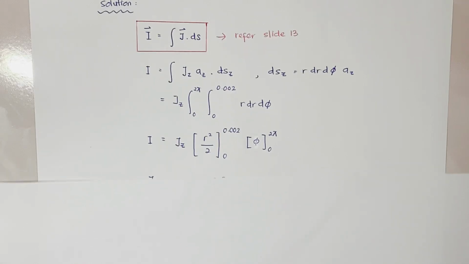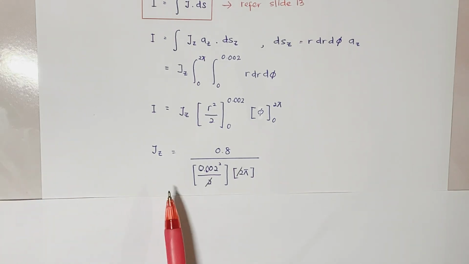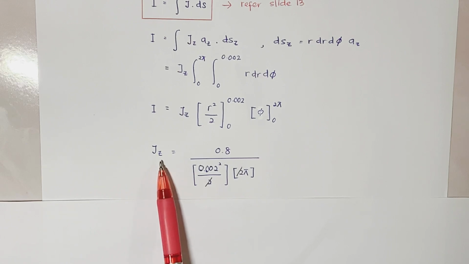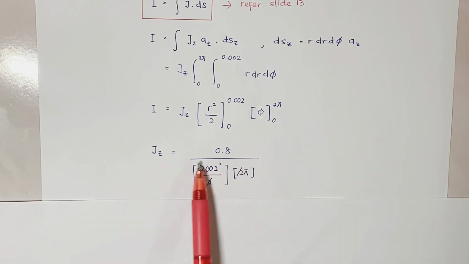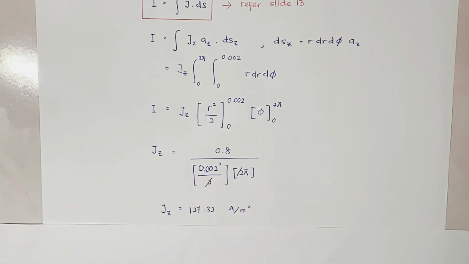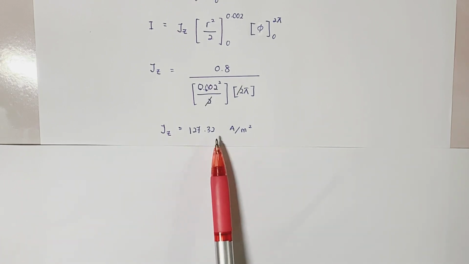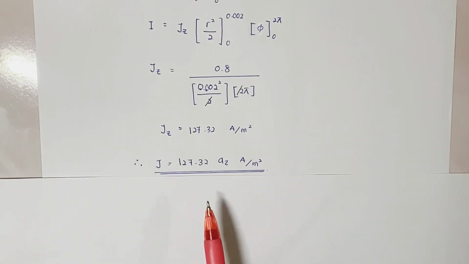When you solve it, you will get the current density Jz in the z direction as 0.8 divided by 0.002 squared over 2 times 2 pi. So Jz is 127.32 ampere per meter squared.